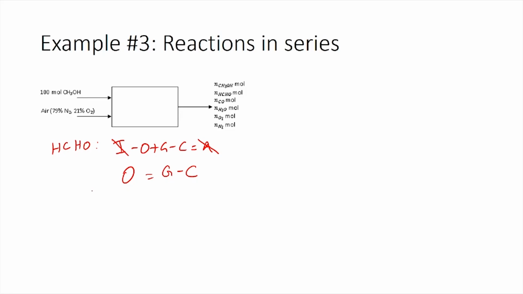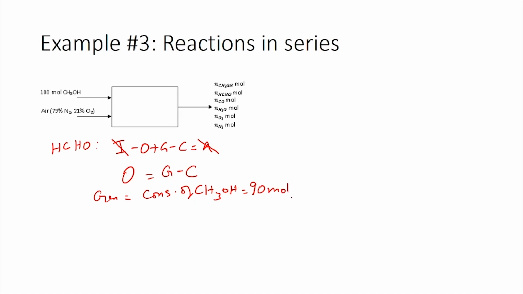So, the generation of formaldehyde would be equal to the consumption of methanol based on the stoichiometry. So, generation is equal to consumption of methanol, giving us a value of 90 moles.